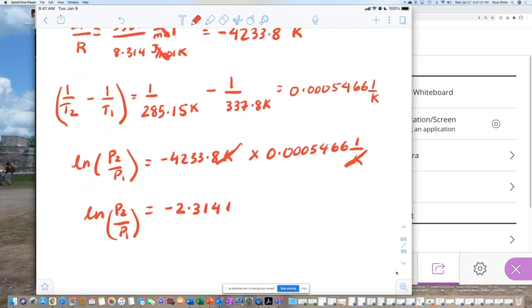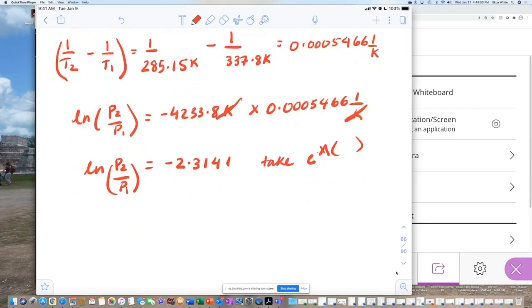Now we're trying to solve for P2, right? So we have to get rid of the log natural. To get rid of the log natural, take e power of both sides, or e power whatever of both sides. That's what I'm doing. That helps to cancel the ln out, and I'm left with P2 over P1 equal e power negative 2.3141.